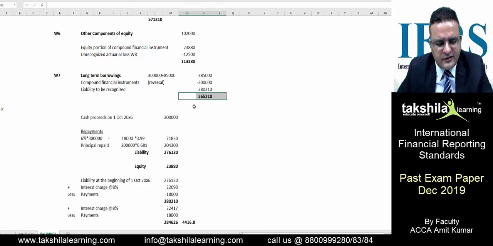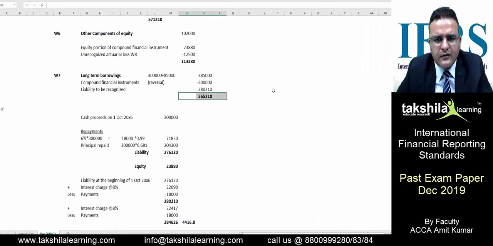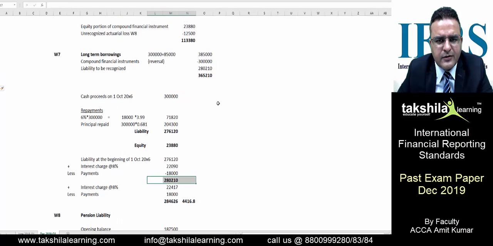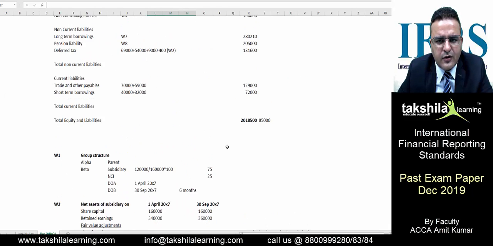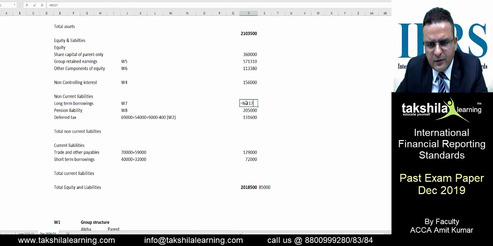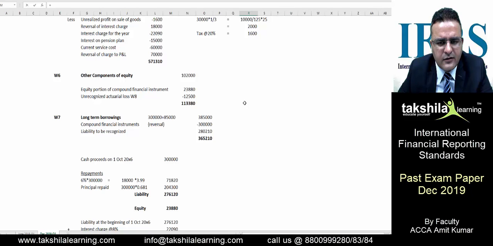So total long-term borrowings is 3 lakh plus 85,000. I directly picked up the total only of the liability and missed taking up the rest. When I took only 280,210, it means I took only the long-term borrowings of the parent and missed adding the long-term borrowings of the subsidiary. So the total balance is 365,210 actually.